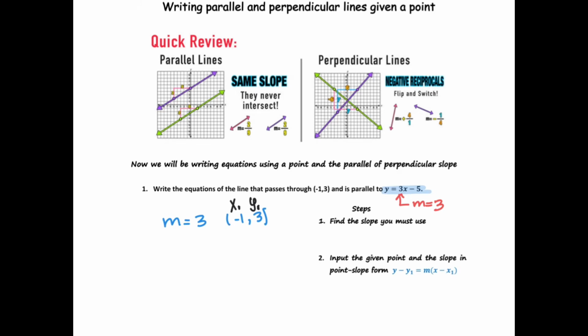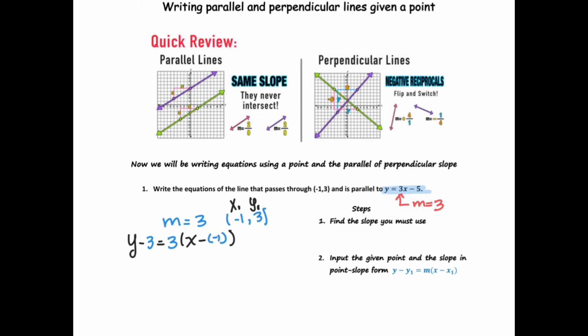Okay, so now we're going to substitute. We're going to say y minus y1, which happens to be 3, equals m, which is also 3, parentheses x minus x1. And x1 is a -1, so (-1), and close the parentheses. So here we have a double parentheses. We're going to get rid of that.